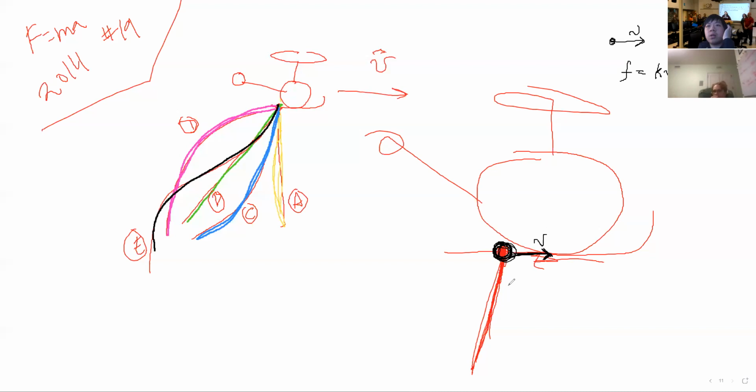However, as you go further down the string, there's going to be the same frictional force going in the left direction all over.